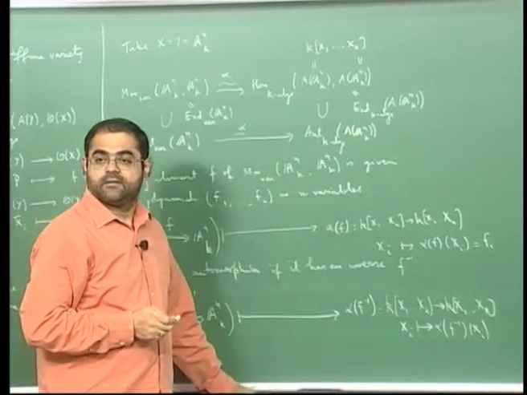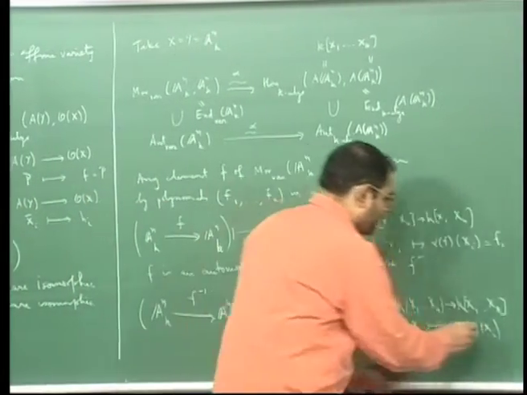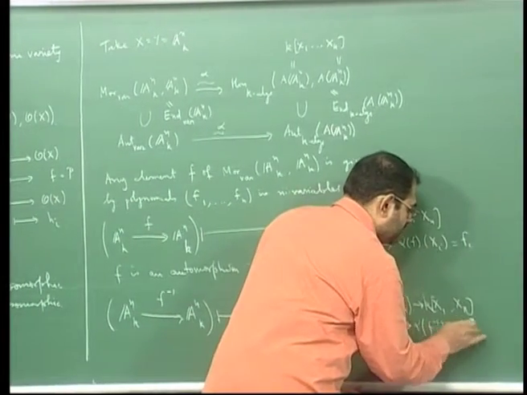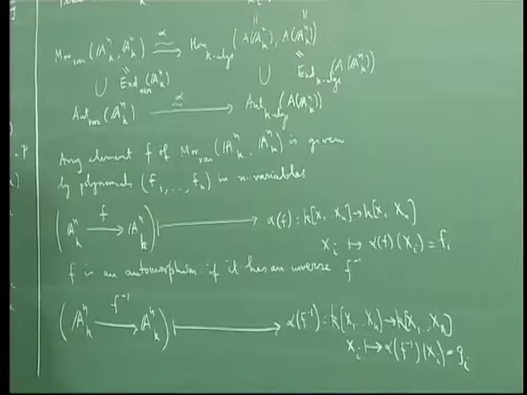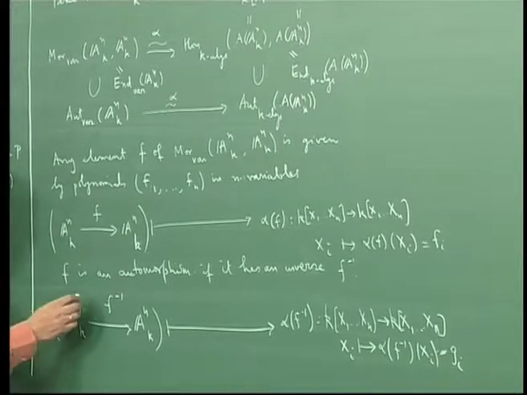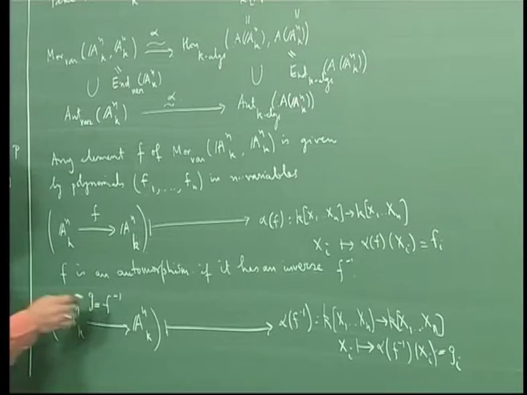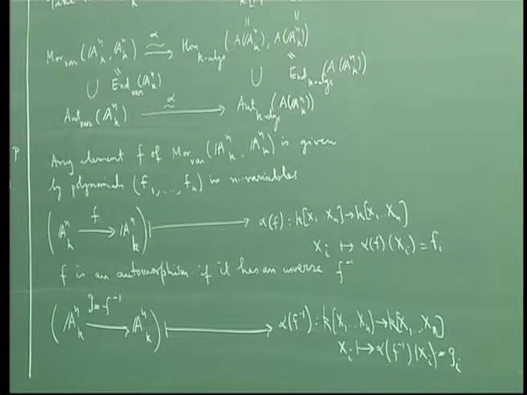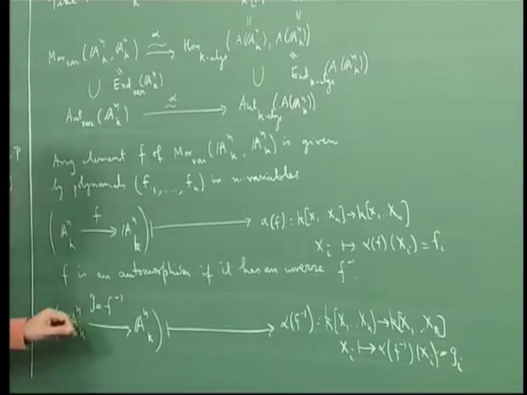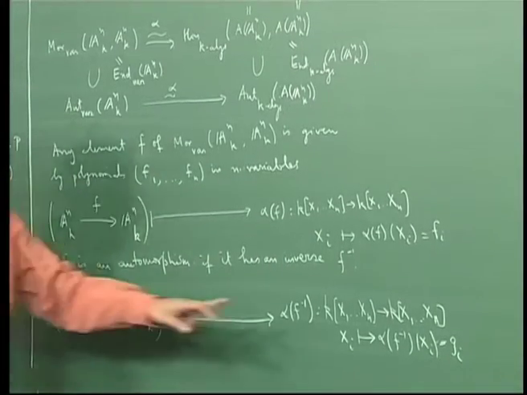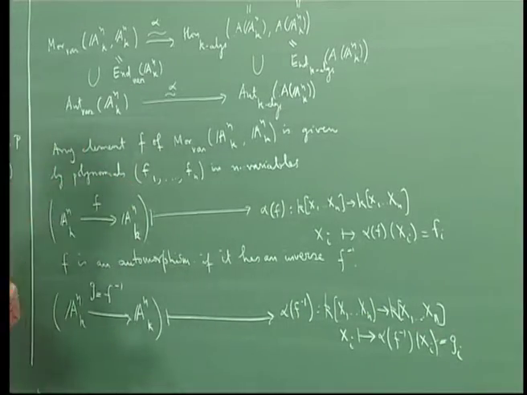If I call this gi, which means I am just calling F inverse as g, by my previous notation, if f goes to f1 etc fn, then F inverse equal to g will go to g1 etc gn.